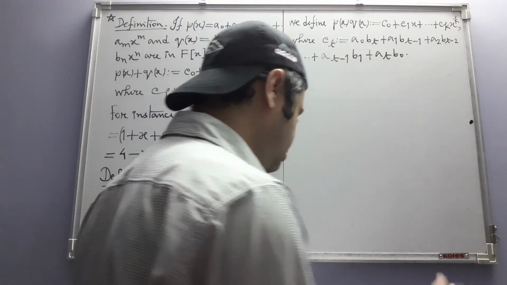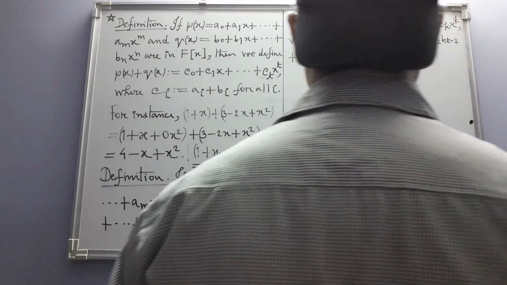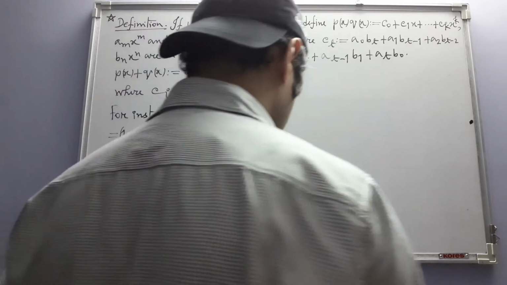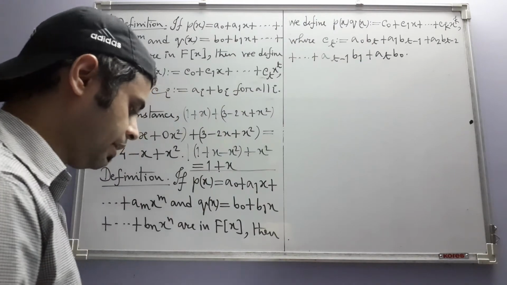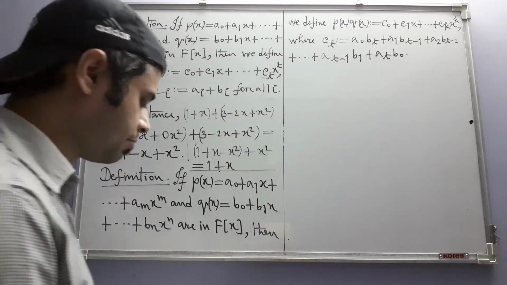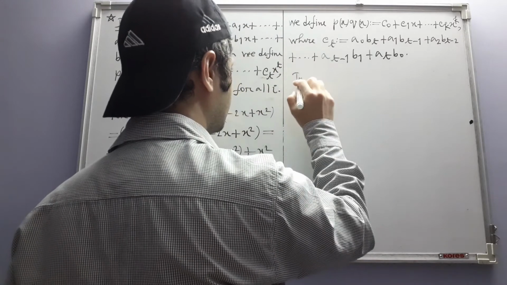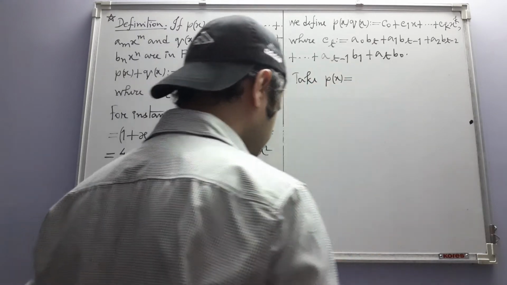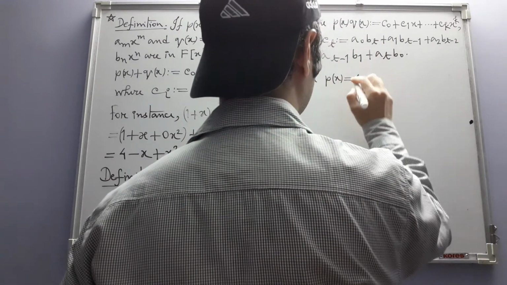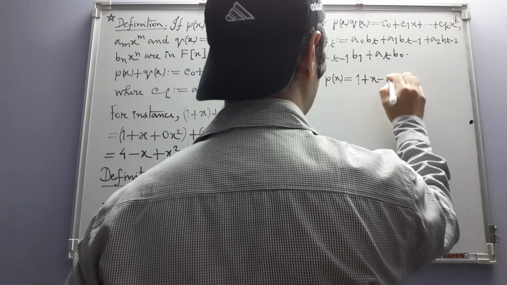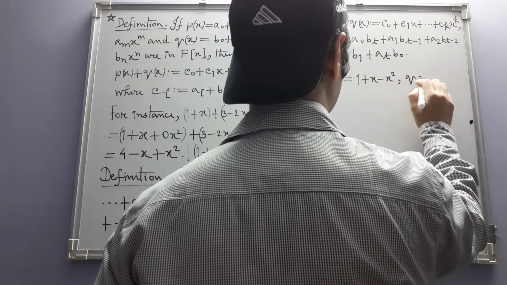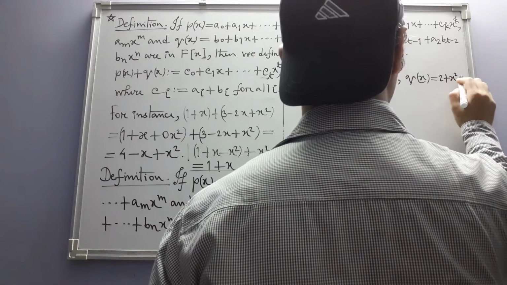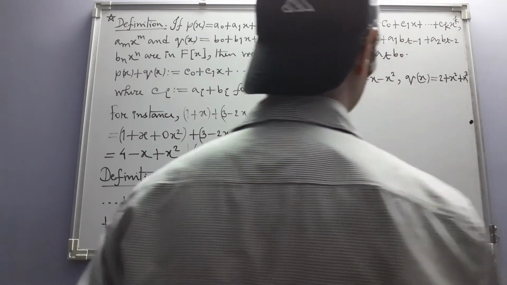Okay, now we are going to explain this. Here they are not even saying anything about t. Now we are going to illustrate this with an example. Take px equal to 1 plus x minus x square, let us take the example they have taken, and qx equal to 2 plus x square plus x cube.